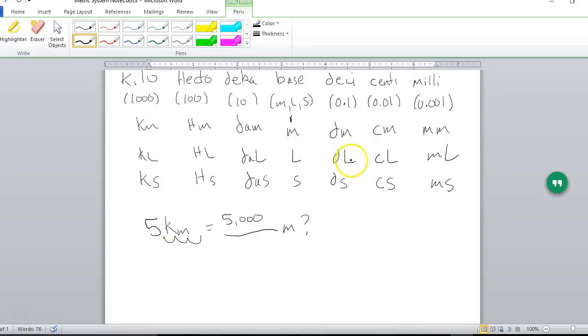So let's say I had 20 milliliters, and I wanted to know how many deciliters that would be. I'm at milli, that's the number they gave me, 20 milliliters, and I need to get to deci, which is to the left. So I'm going to count 1, 2, 3, 4.